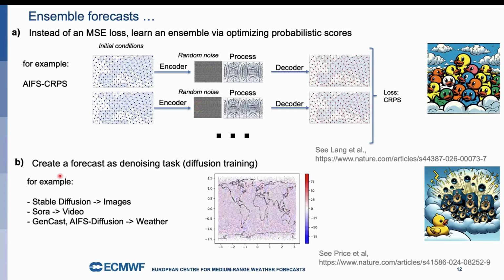And the second very popular approach is to create a forecast via a denoising task, so-called diffusion models. And these are very popular in all kinds of areas, such as image generation, video generation, and also have been introduced to weather by, for example, GenCast. So I will first talk a little bit about the diffusion training and then later about the proper score optimization.